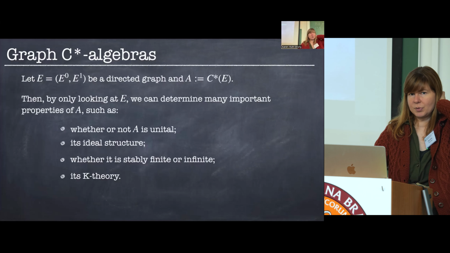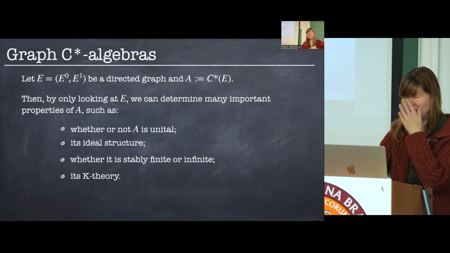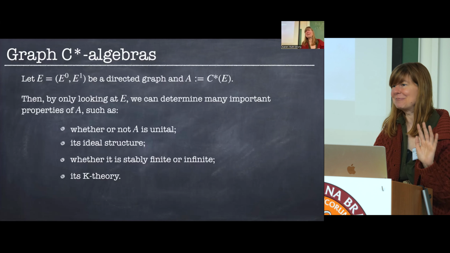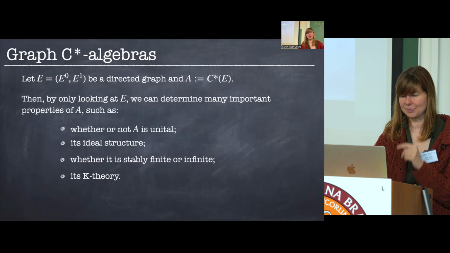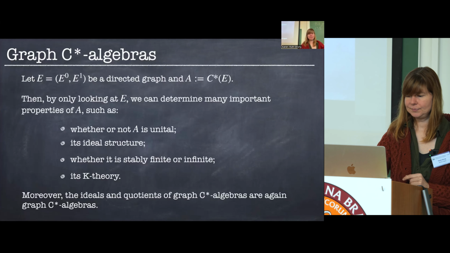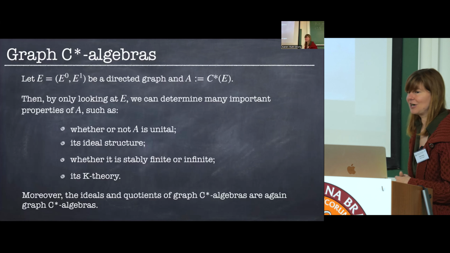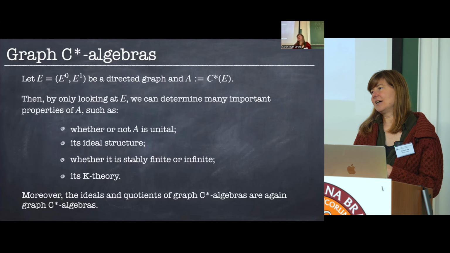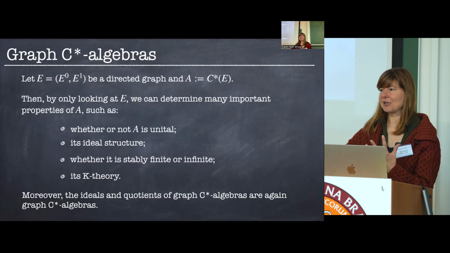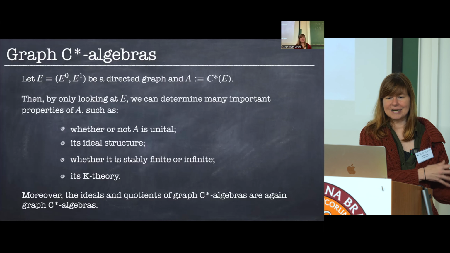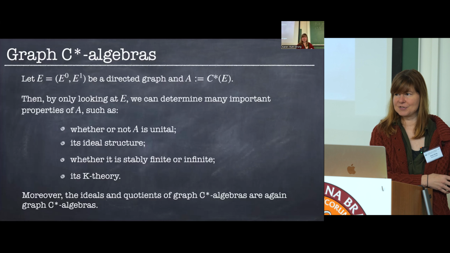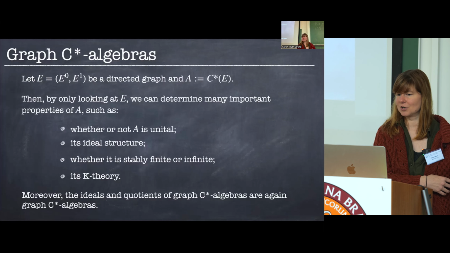It's not going to be a ring anymore, but it will still be a nice abelian group. And furthermore, even ideals and quotients of graph C-star algebras are again graph C-star algebras. And if I identify where the ideals are in my graph, I can write down what the ideal looks like in terms of a graph and what the quotient looks like in terms of a graph.